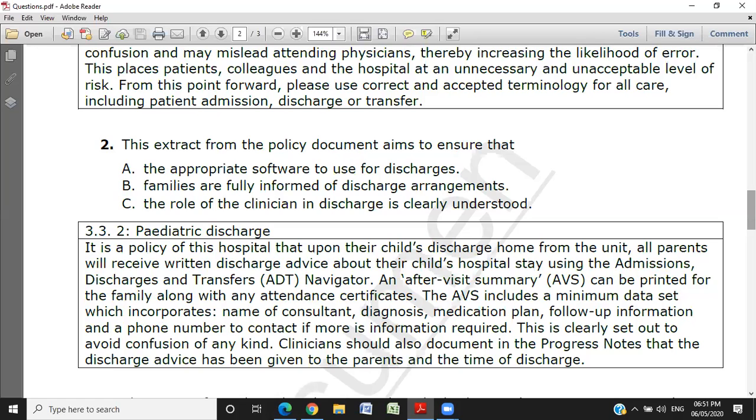We are going to do all the purpose questions today so that you get the strategy correct.